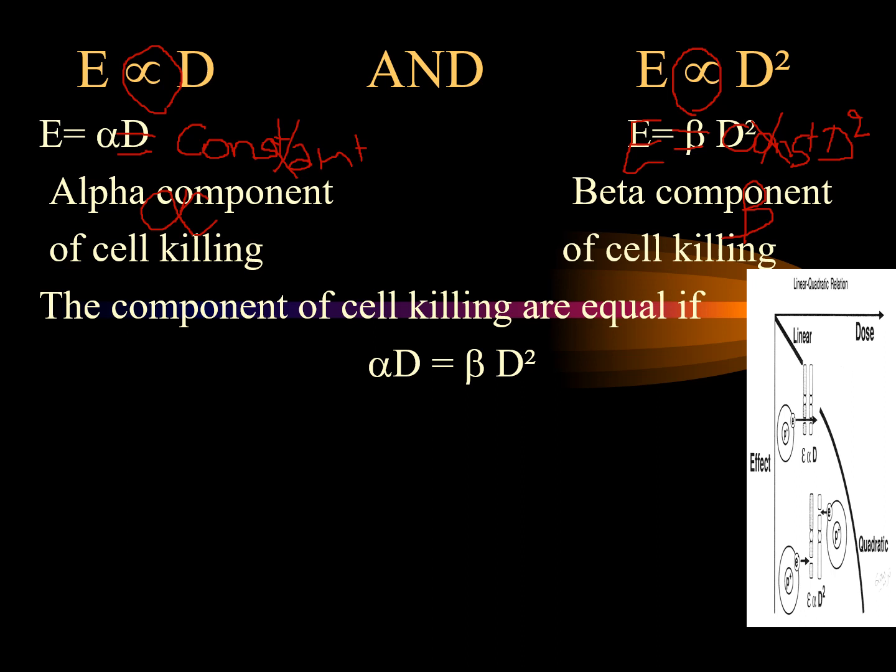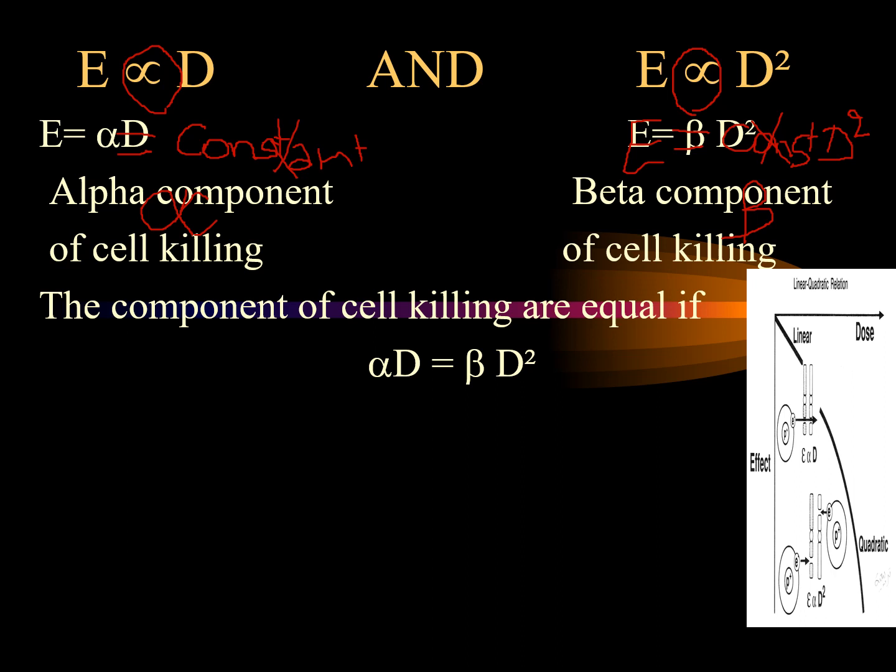Please come to the next point. Here, look at the slides. Alpha D equals beta D squared. Where is this happening? It's exactly at a point on the cell survival curve where the alpha component of cell killing equals the beta component of cell killing.